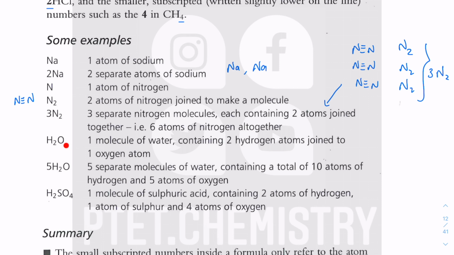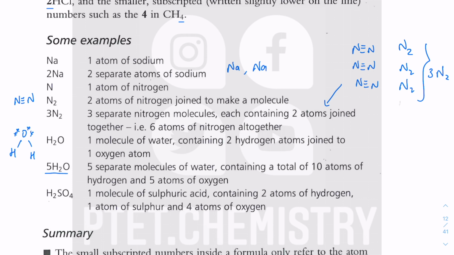If we don't show a number, it means there's 1. So one oxygen atom. And this exists as a molecule, which of course you know is just OH2 with 2 lone pairs on the oxygen. Because oxygen is in group 6, it uses 2 electrons out of the 6 for bonding. You still have 4 more electrons which are not used for bonding. It's called 2 lone pairs of electrons.